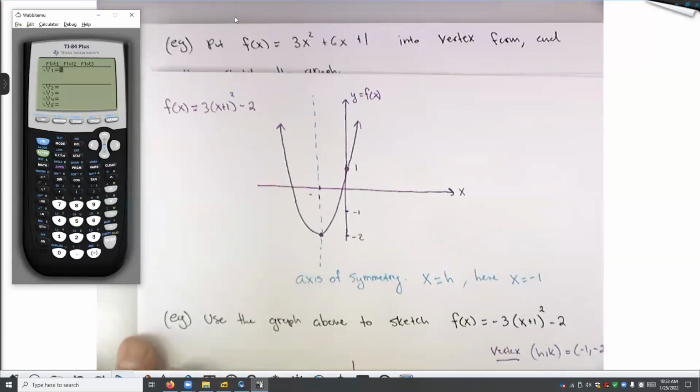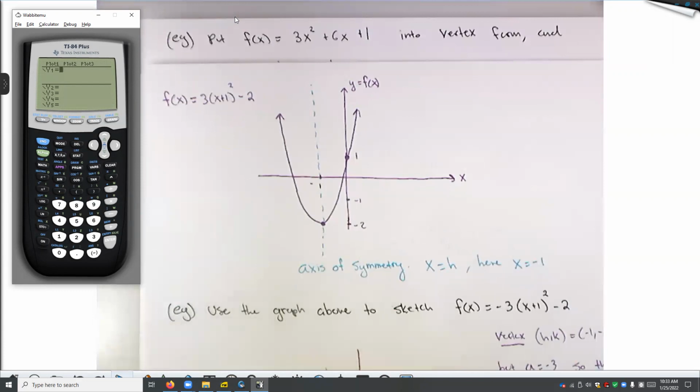Here we can compare. So I'm going to type 3x raised to the 2, then hit over so I get out of the exponent, plus 6x plus 1. And I'm going to adjust my window settings so that I'm looking at the relevant part of the graph.